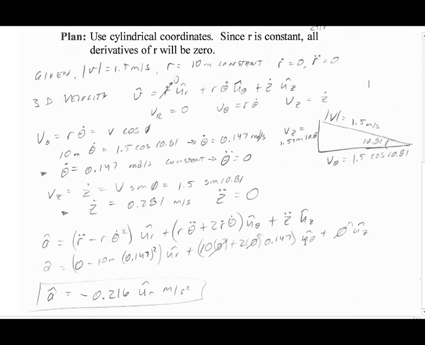And we don't have acceleration in the theta direction. How about the z direction? Well, we already talked about z dot dot being 0. We also don't have acceleration in the z direction. So this comes down pretty quick. We have negative 10 meters times 0.147 squared in the radial direction. That gives us a negative 0.216 meters per second squared in the radial direction.